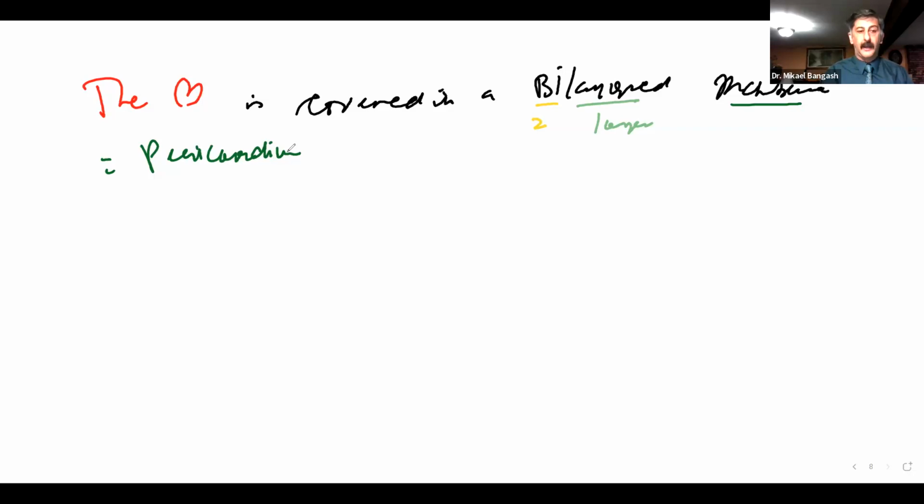Did you guys recall that? Yep. Okay, so for instance, if you open up a person's chest, before you will be able to see the actual heart, you first have to deal with the pericardium.